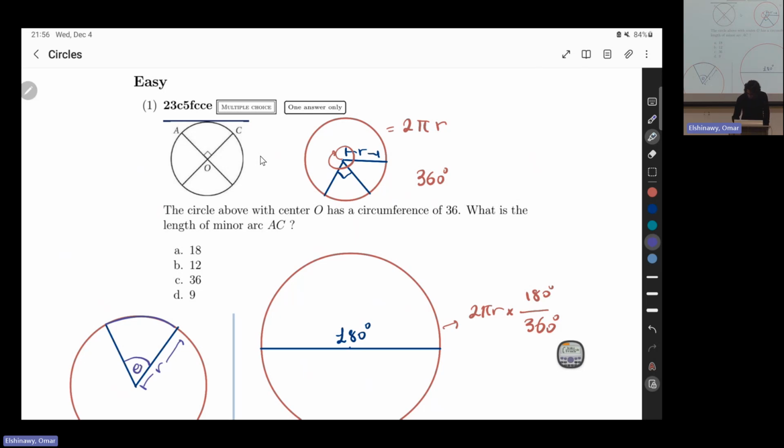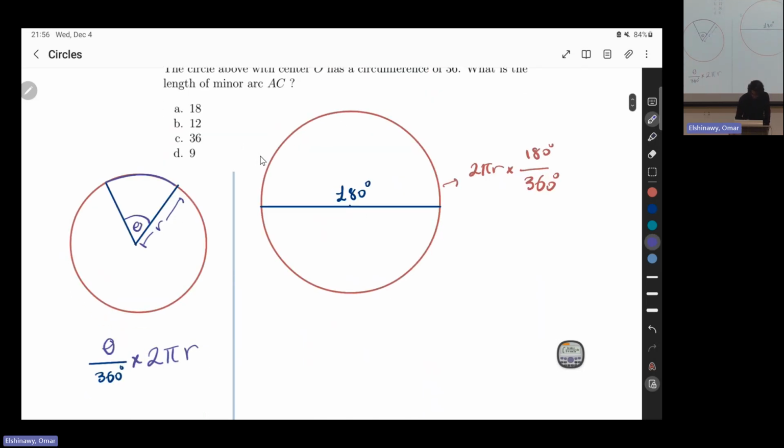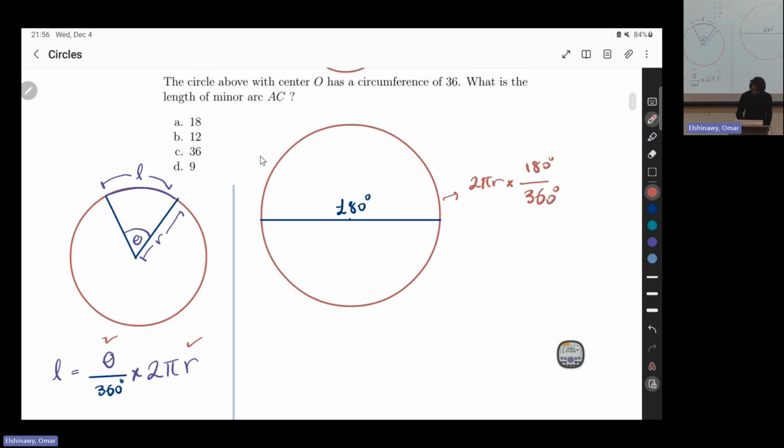So if I call this L, L is equal to theta over 360 times 2 pi r. You're usually given two of them. You're usually either given L or theta and asked to find r. Either given L and r asked to find theta, or you're given theta and r and you're asked to find L. And I think that's the case here.